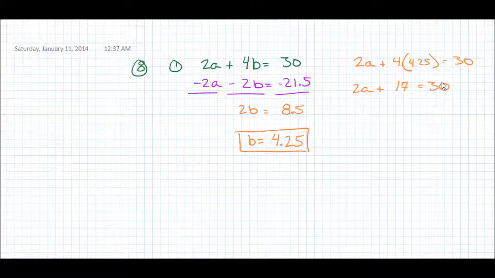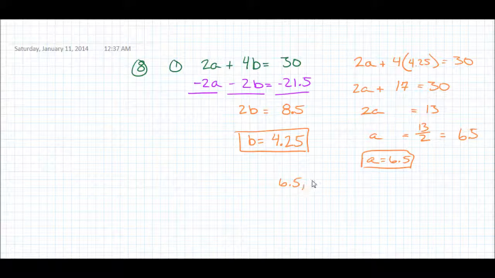Subtract 17 on each side, you're going to get 2a is equal to 13. So a is equal to 13 over 2, which can be simplified to 6.5. So a equals 6.5. So to write that properly, you go a, b, so 6.5 comma 4.25. That's your solution set for number 8.